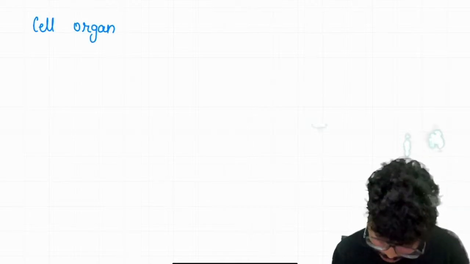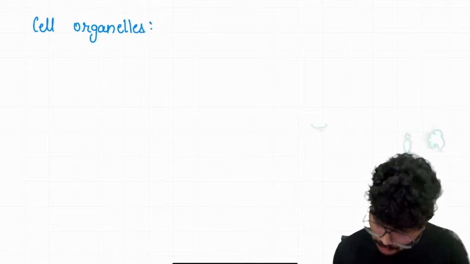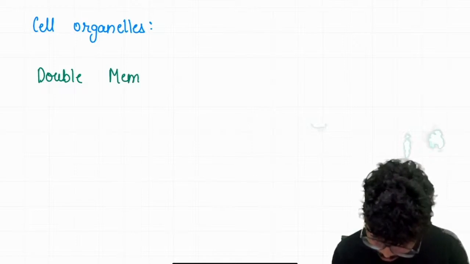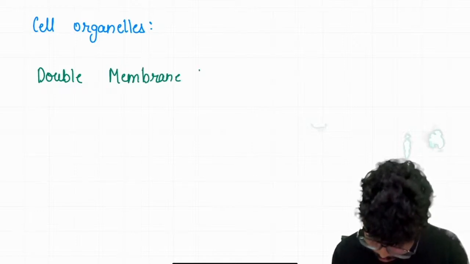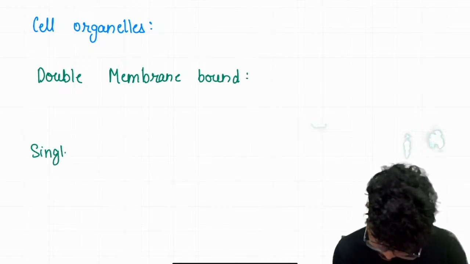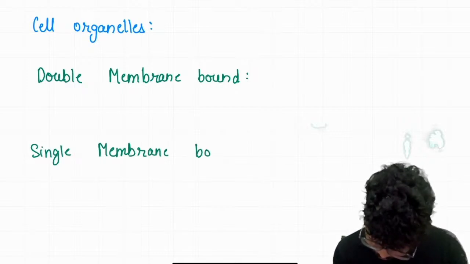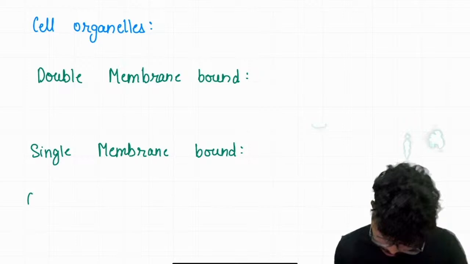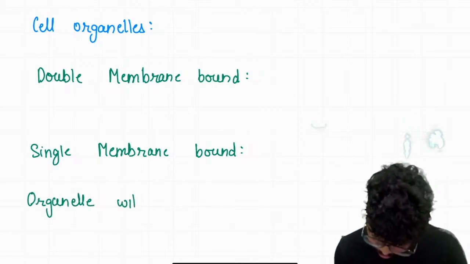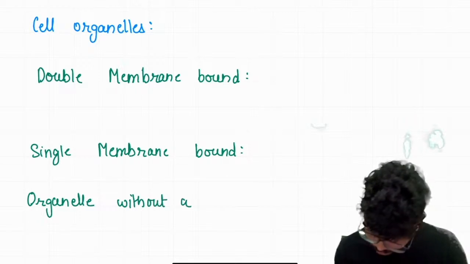So first of all, the cell organelles: double membrane bound, then we have single membrane bound, and organelles without a membrane.